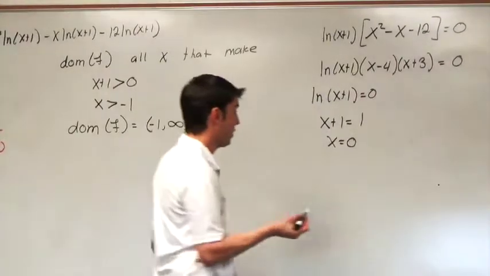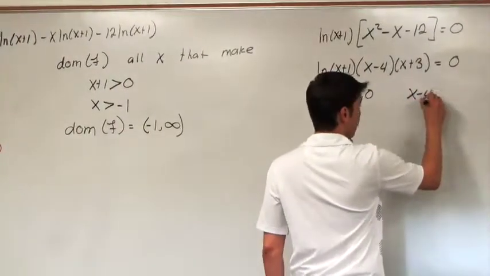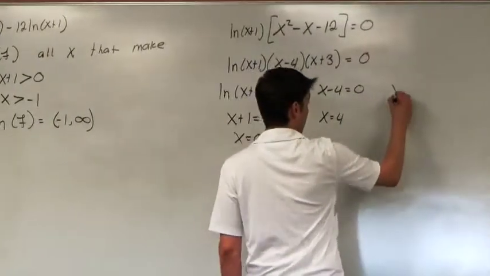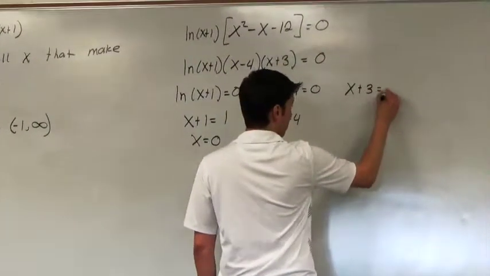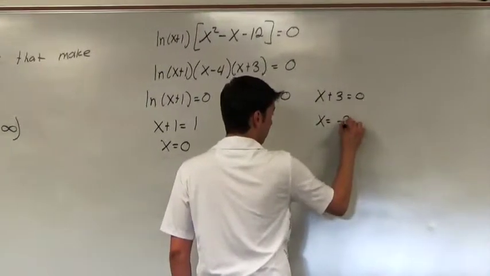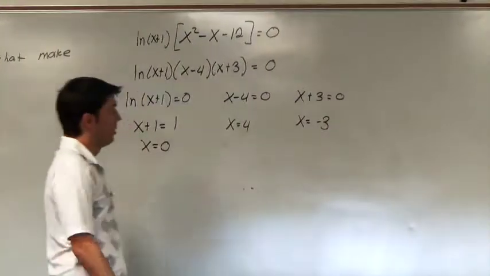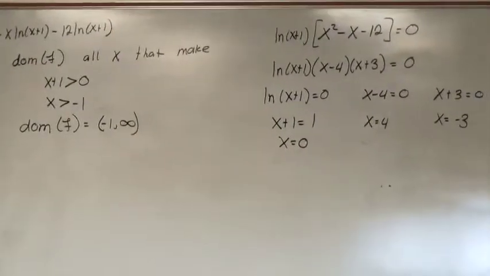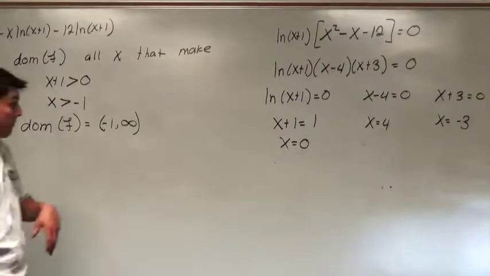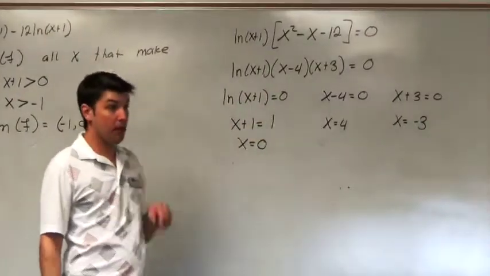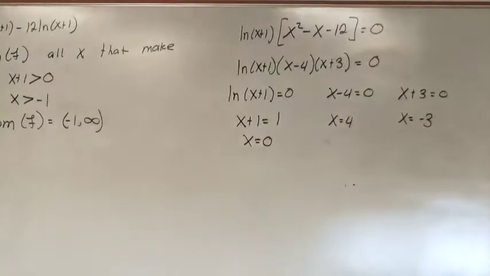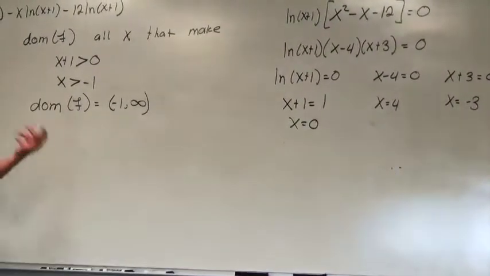Set the next two factors to 0, and the last. Be careful. Make sure you check that your roots are actually in the domain, that the solutions you got from the math are valid. x equals negative 3 is outside of the domain, so it is not a root.